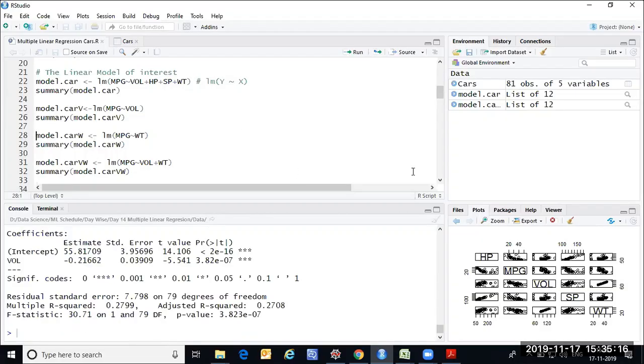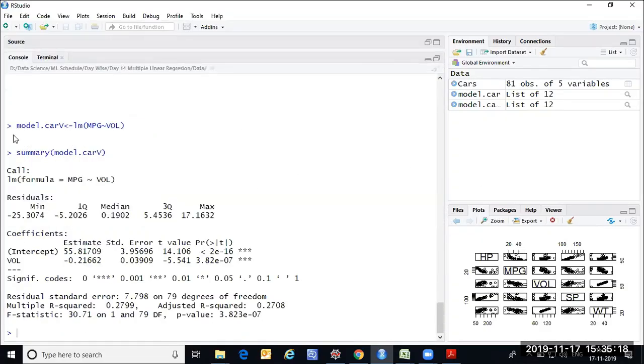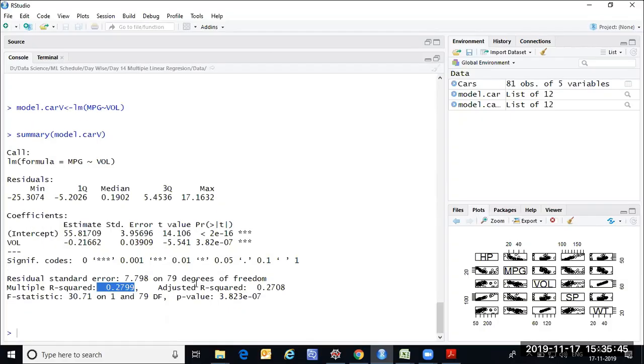Is the volume coefficient significant or not? It is significant, right? Very much significant. But how about the accuracy? That's okay, still the accuracy is very low. But first of all, it is significant in terms of predicting the mileage, right?